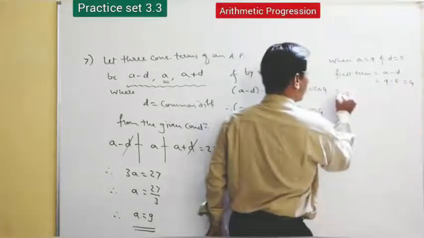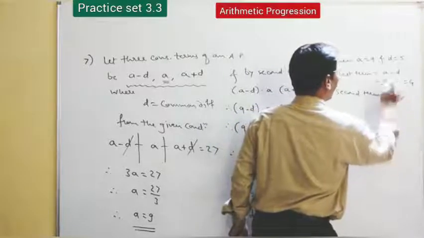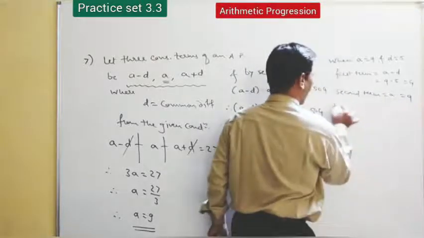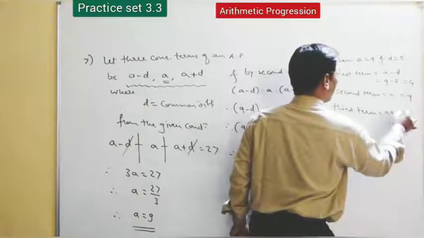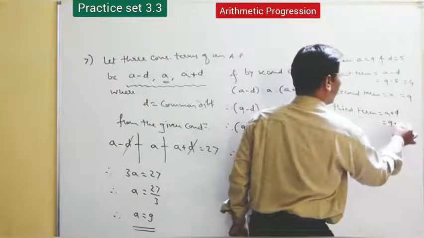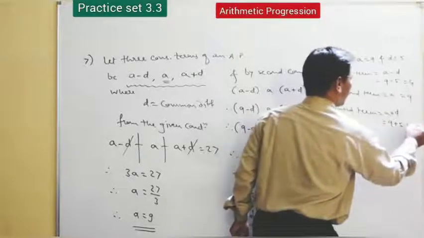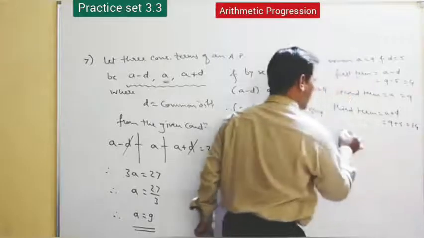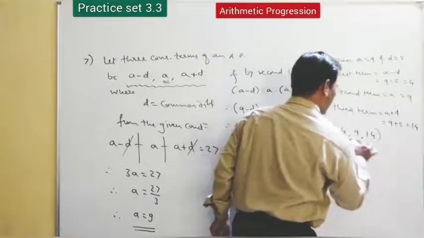The second term is only a, which is already 9. The third term is a plus b, where a is 9 and b is 5, so 9 plus 5 is 14. So the terms are 4, 9 and 14. These are the three terms.